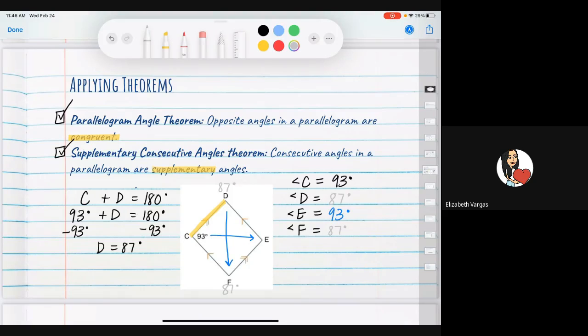So in using those two theorems, I was able to find the missing angle measure for all my different angles. Okay. Does anyone have any questions about how I found the missing angle measure for any of my angles? Any questions? Pretty straightforward, right? Okay.